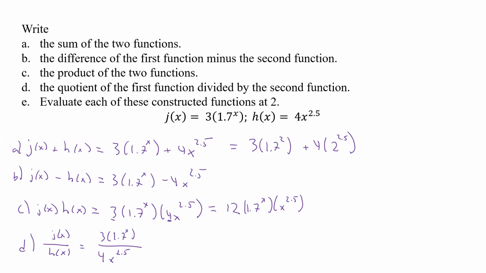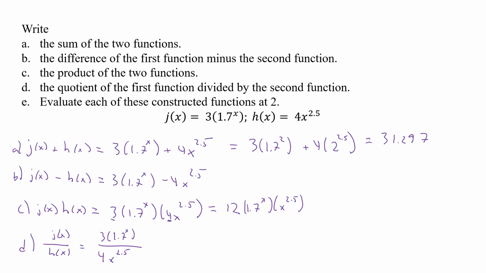So 3 times that, and then plus 4 times 2 to the 2.5. That first one looks like it's going to be 31.297 roughly. It doesn't say what place to round to, but that's as good as any.